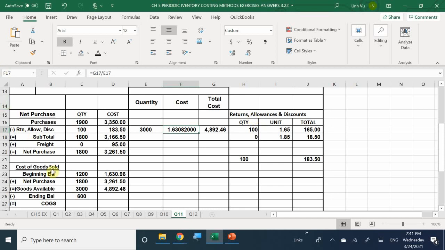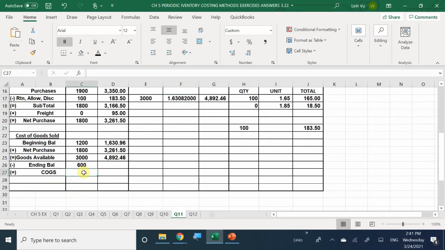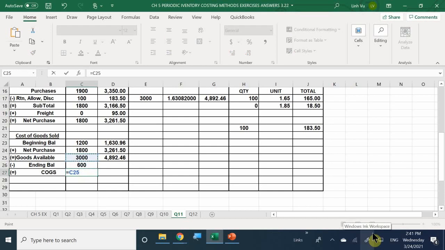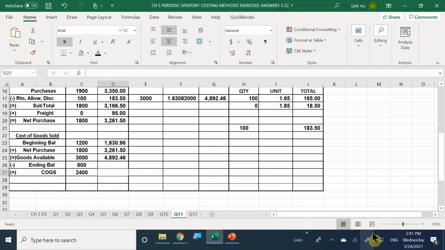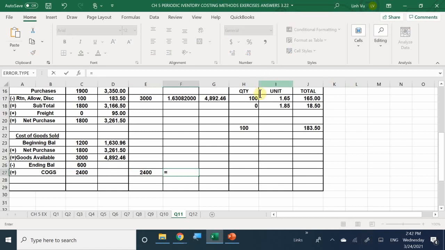Okay. So now, if I have 600 available on hand, how many items did I sell? 2,400. You sold 2,400, right? Pretty straightforward math. Okay? So here, I'm going to do another math equation. I'm going to take my 2,400 and multiply it by this average cost per item.